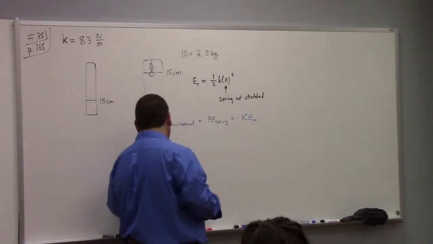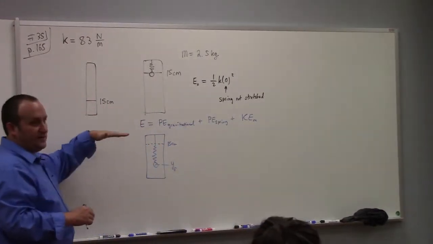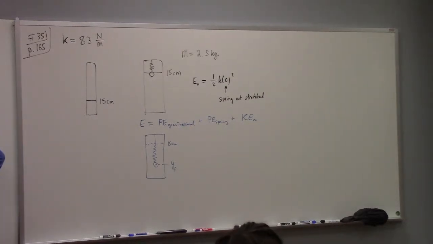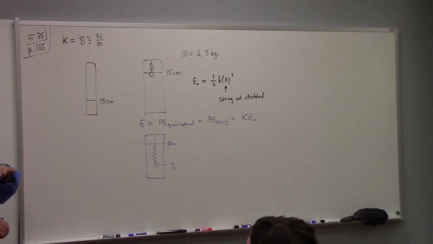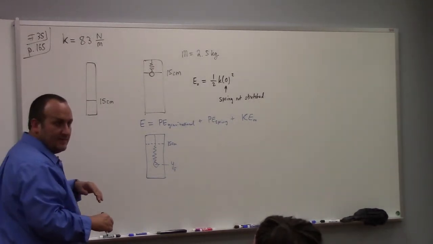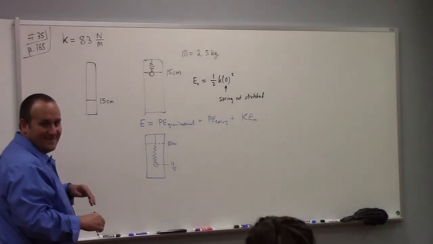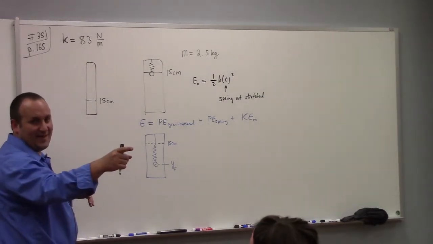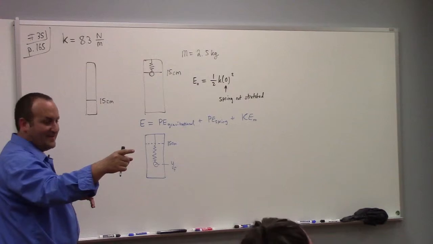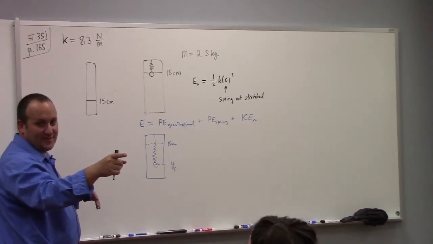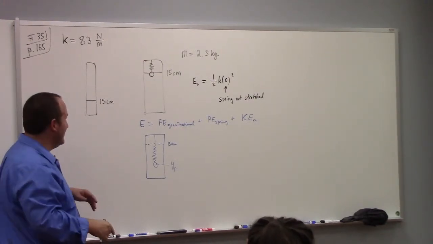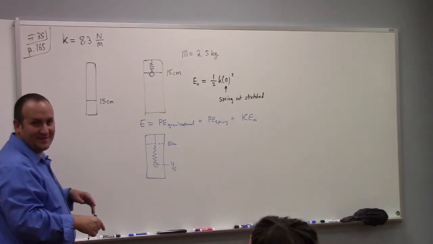Now, the question is, where do you want to set the gravitational potential energy to be 0? You want the gravitational potential energy to be 0 at the top of the ruler, where the 15 centimeters is? Even the gentleman with the hat says no to that.